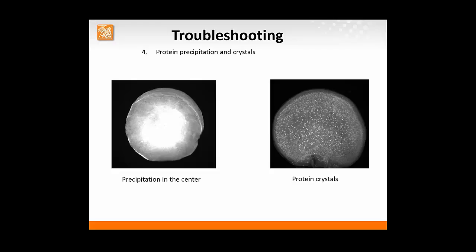For this particular reason, there is a feature in the LCP FRAP instrument where you can bleach two different regions, one close to the middle of the drop and the second one close to the edge of the drop. So in that case you can profile the diffusion in two different locations, and that can give you a better understanding of how protein diffuses in this lipidic cubic phase drop.